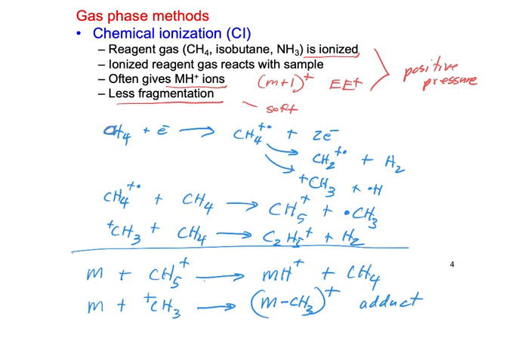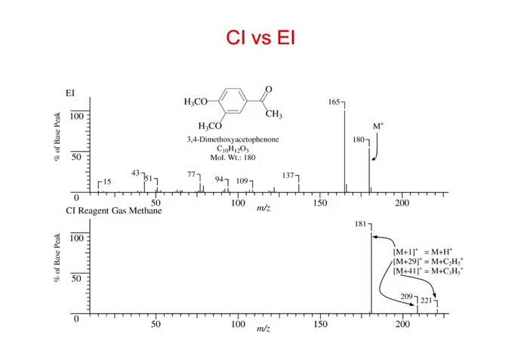So here we had the methane plus methyl cation plus methane gave us the ethyl cation. We could have an ethyl cation plus a methane to give us the propyl cation. Right? And so we can get those.